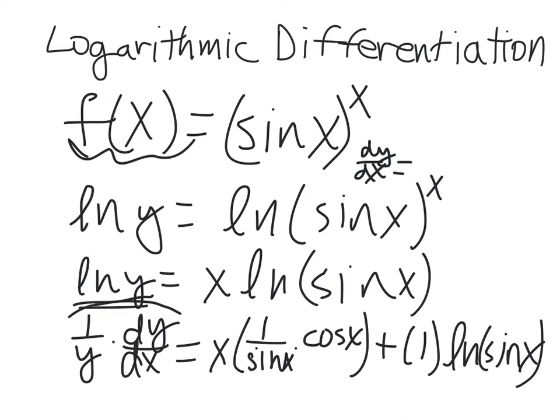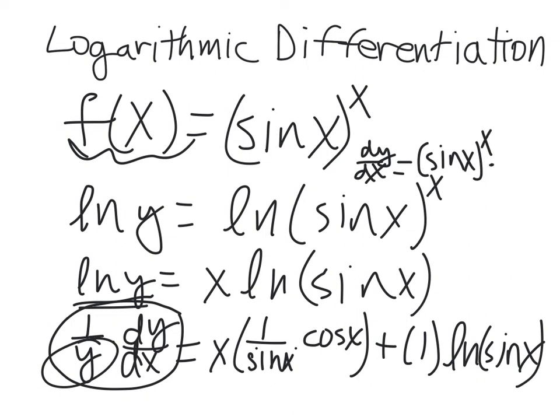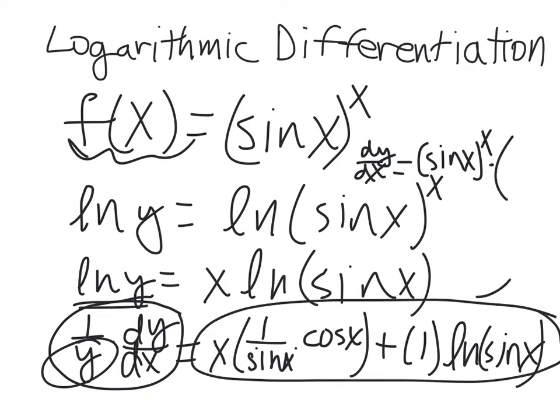We're solving for dy by dx, but we have the 1 over y times the dy by dx. What do we need to do to finish this out? Multiply by y. Okay, multiply both sides by y, so we'd have y times, well, all of this.